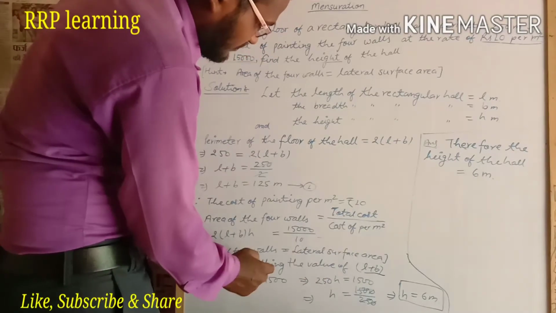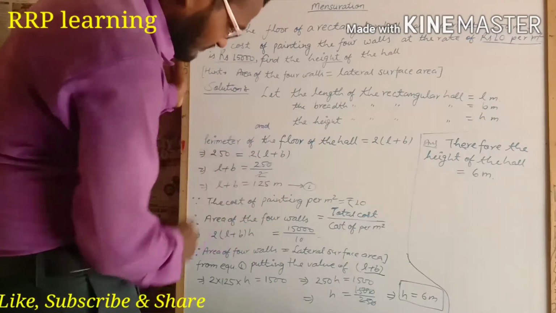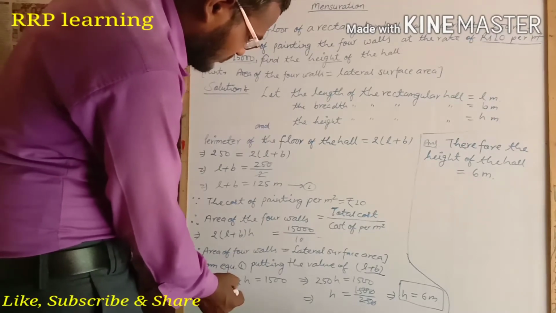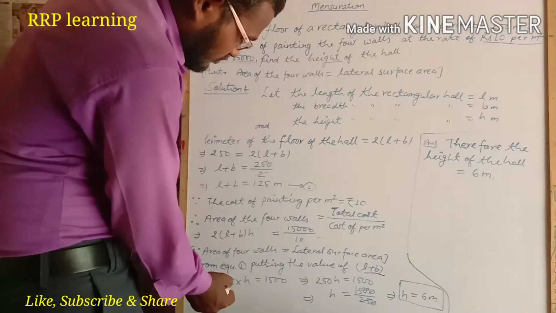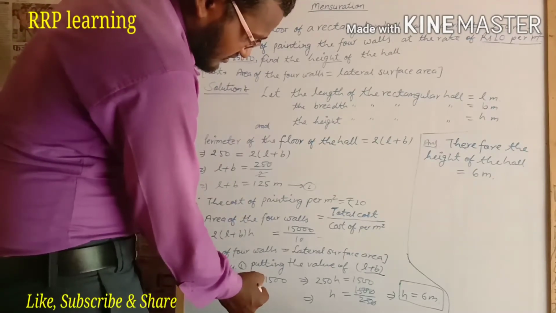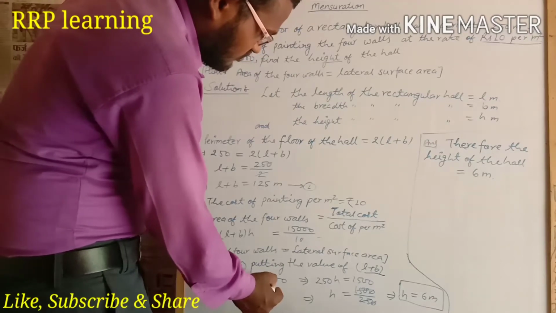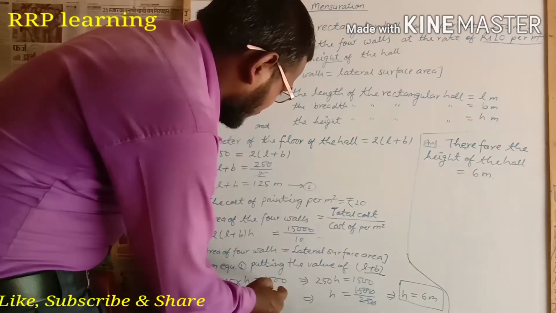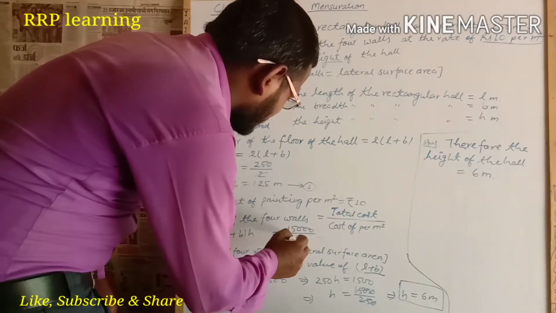From equation first, putting the value of L plus B, or 2 into 125 into H. 125 is the value of L plus B. So 2 into 125 into H equals 1,500, because 15,000 is cancelled by 10.